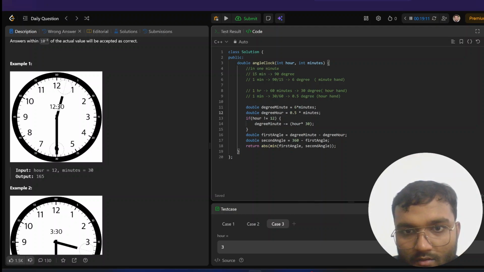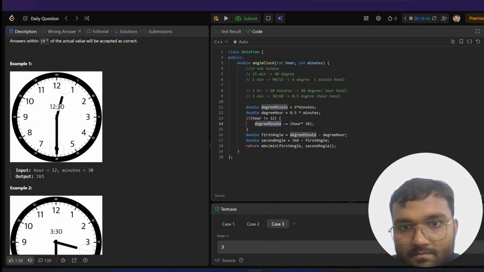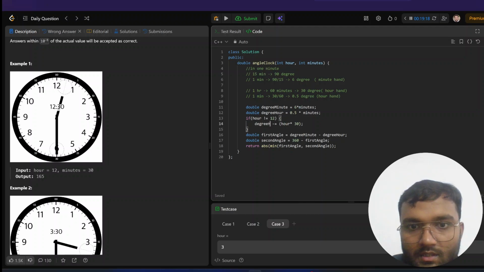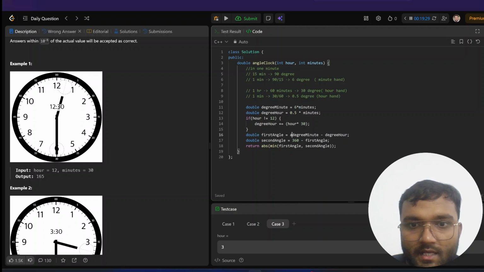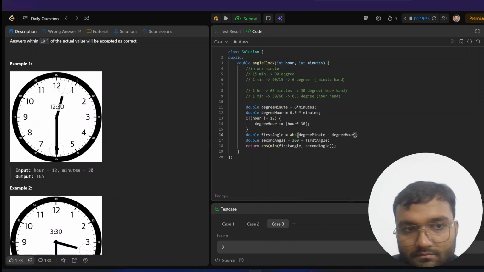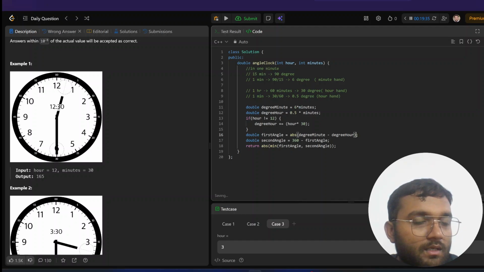And if the hour is not 12, we can simply add hour into 30 in degree hour. Okay. Then the first angle will be the absolute of degree minute minus degree hour.